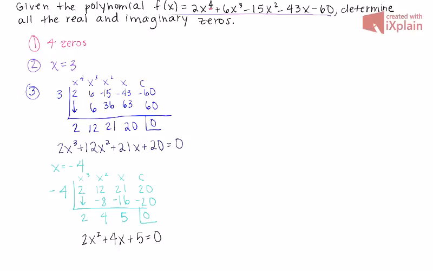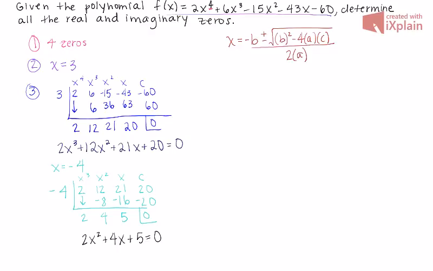Now that I have a quadratic, I will use the quadratic formula to find my remaining 2 roots. Recall the quadratic formula is x equals opposite of b plus or minus the square root of b squared minus 4ac, all over 2 times a.